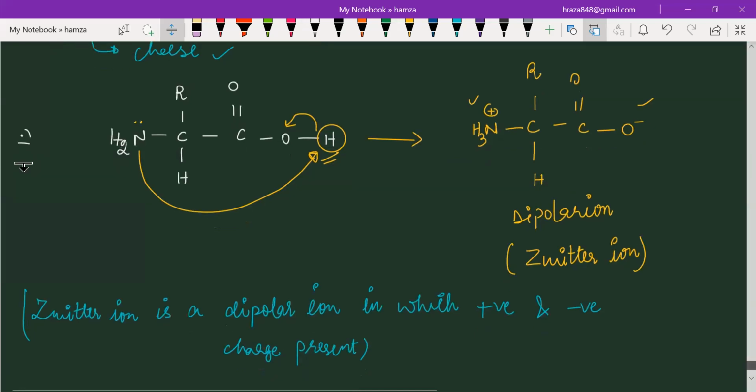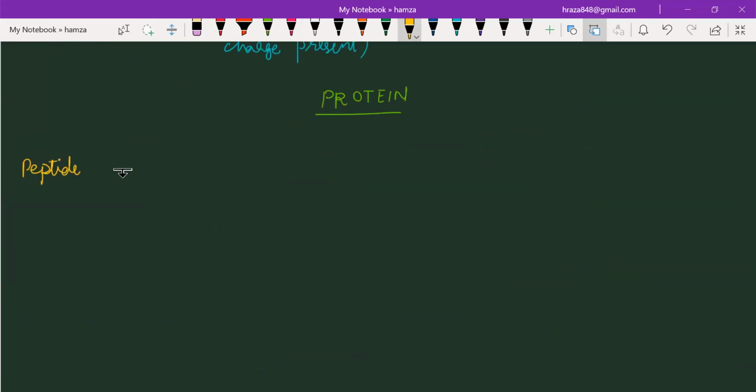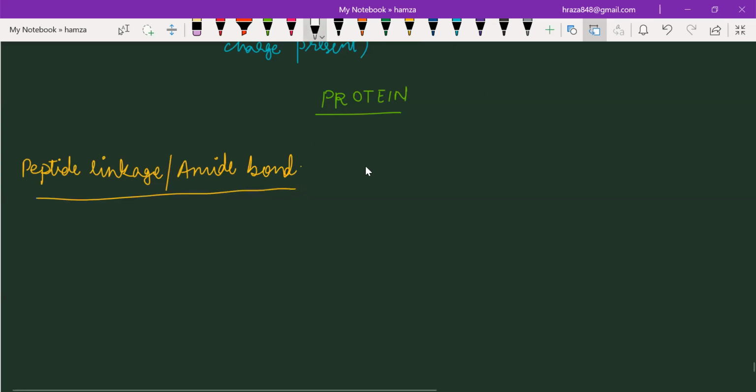Here we can write peptide linkage or amide bond. What is this peptide linkage and amide bond? So it's very easy to understand. See the bond O and H. This is peptide linkage or amide bond.